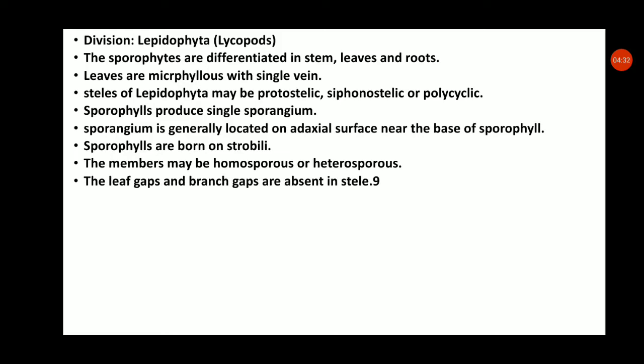Then second, the leaf gap and branch gap are absent in the stele. As you see in the structure of the xylem and phloem in the pteridophytes of the division Lepidophyta, there is no leaf gap or branch gap present.